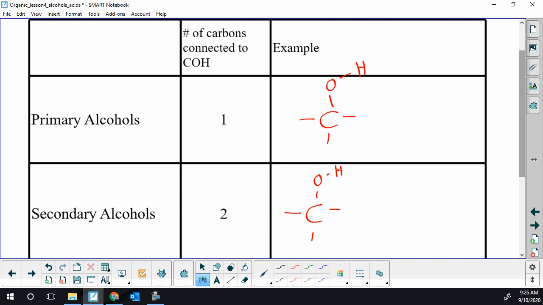In any primary alcohol, there is only 1 carbon connected to the COH, and I've made it red. Okay? This carbon has 3 bonds left. There's only 1 carbon connected. The other 2 bonds need to be H's in primary alcohols.